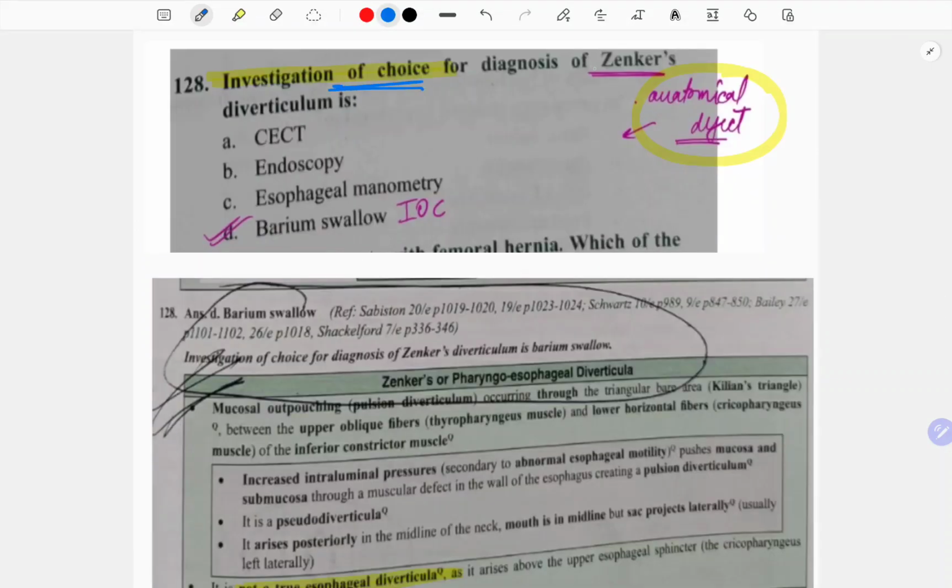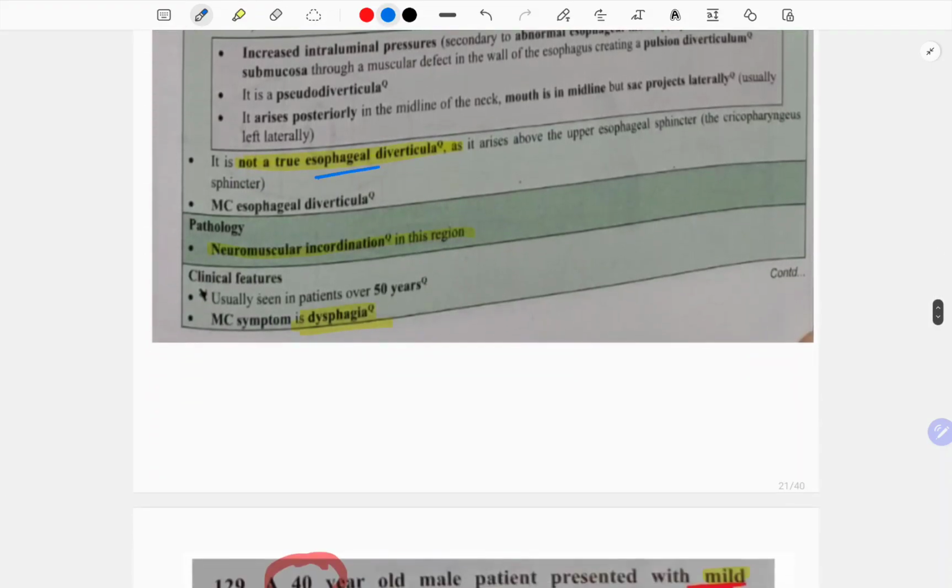Again, the investigation of choice for the diagnosis of Zenker's, as I just told you, for all the anatomical defects, be it Zenker's or tracheoesophageal fistulas or esophageal webs, is barium swallow. Just read, it's not a true diverticulum. Neuromuscular incoordination in this region is the pathology, and the most common symptom will be dysphagia.